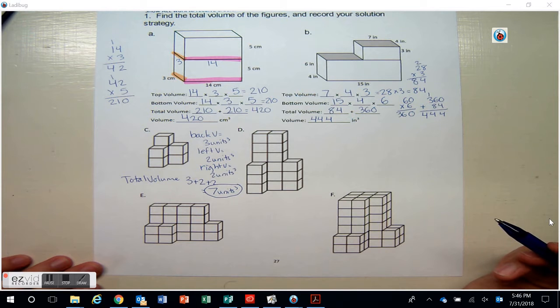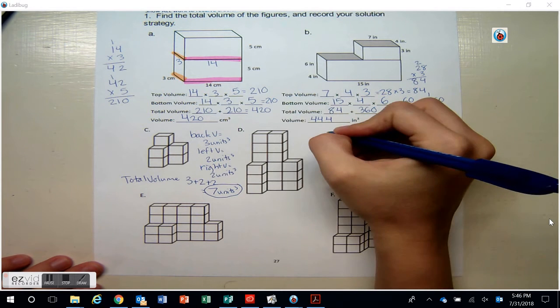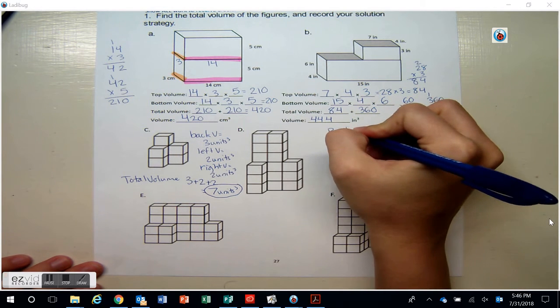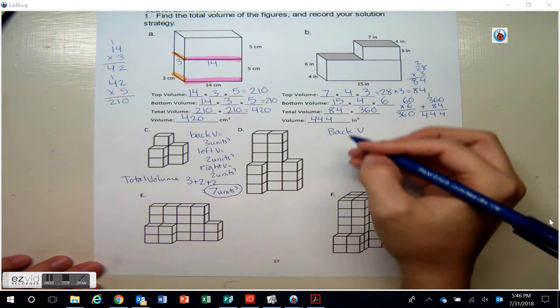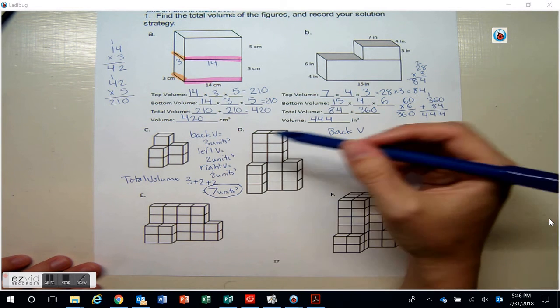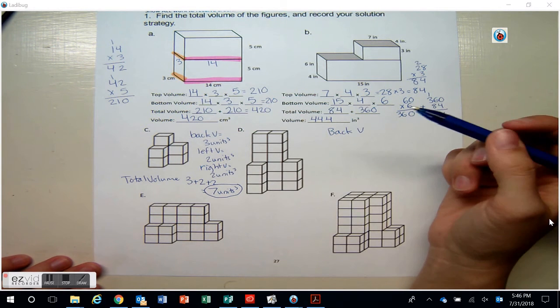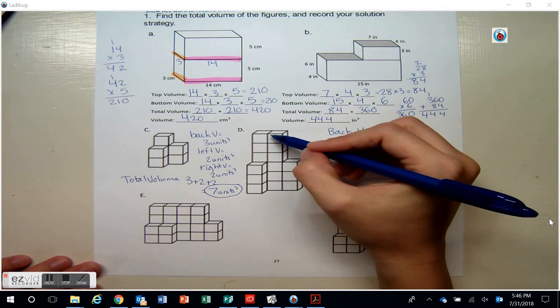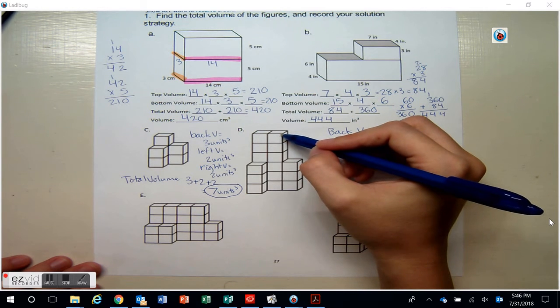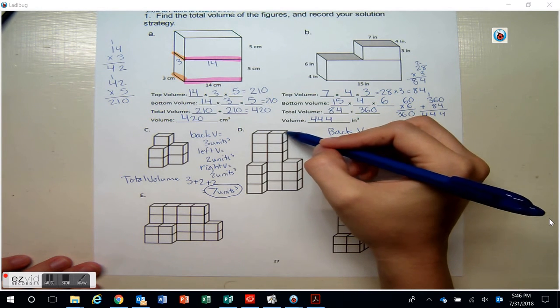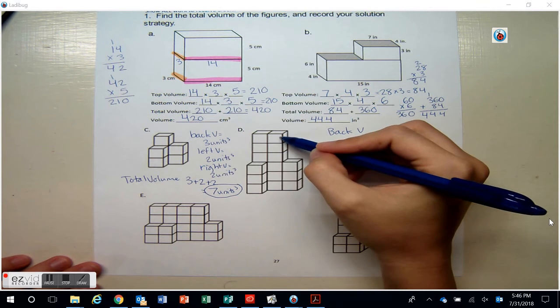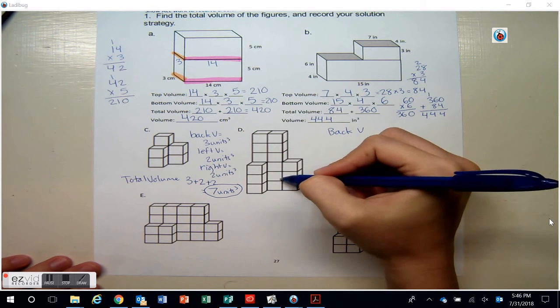Okay, let's look at letter D. I have again a back, I have a left and a right, that's what I'm going to call it, or you could call it a front and a right, up to you. Here I have 2 by 1, which is 2. And then I have a height of 1, 2, 3, 4, 5, 6.